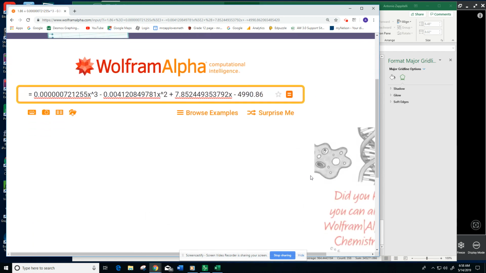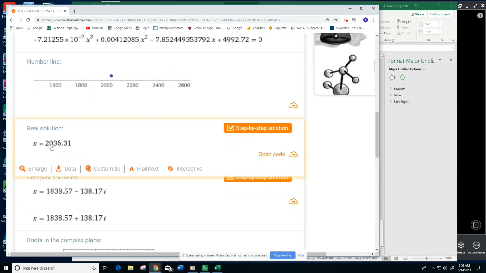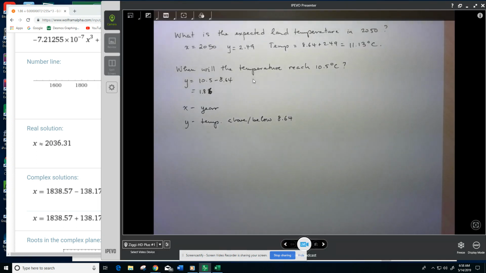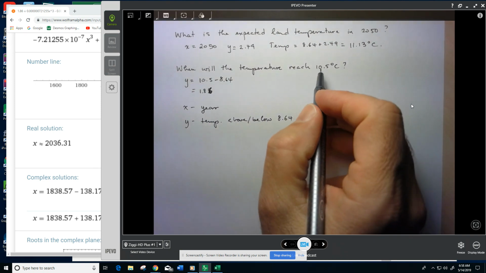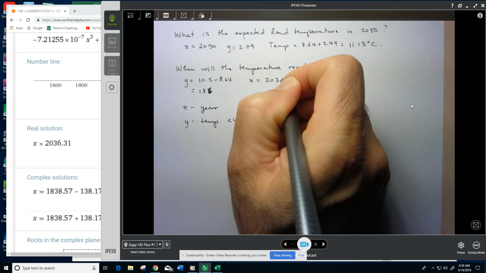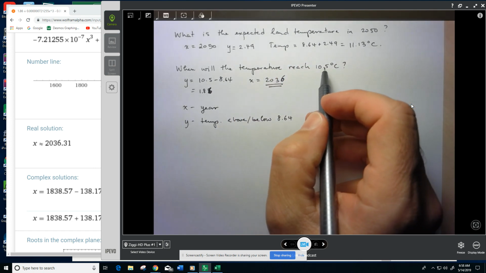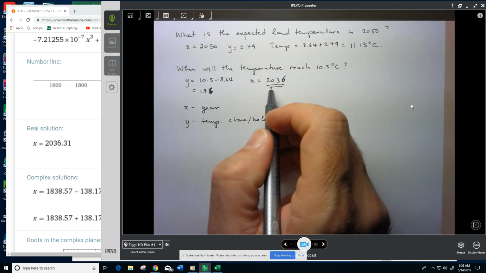It takes a couple of seconds, and I go down, and I see that my answer is 2036. So now I can answer my question: when will the temperature reach 10.5 degrees Celsius? When x is equal to 2036. Say for example 10.5 is some critical temperature, this is when we expect to reach there.